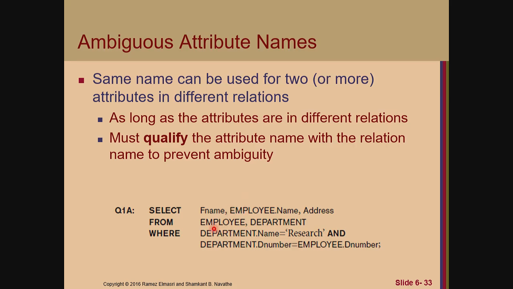Different table. Okay. And here also, because both tables use the department number column with similar names, Dno and Dnumber, if you don't identify where the Dnumber is from, it becomes confused because the sentence becomes Dnumber equal Dnumber, right?